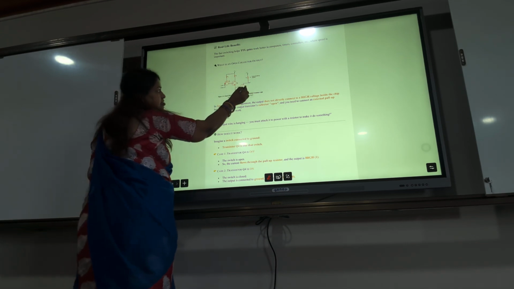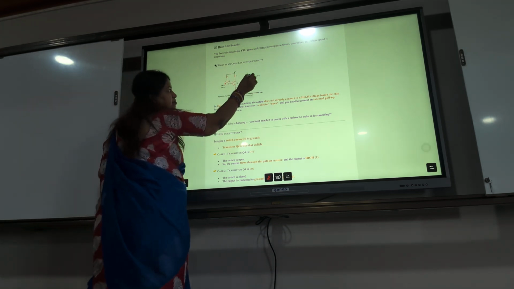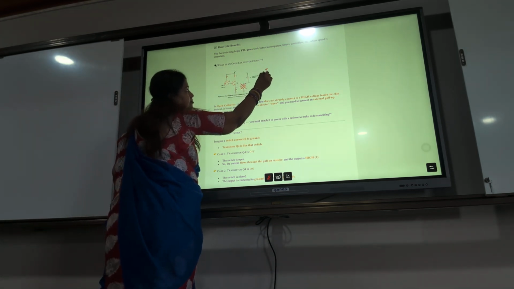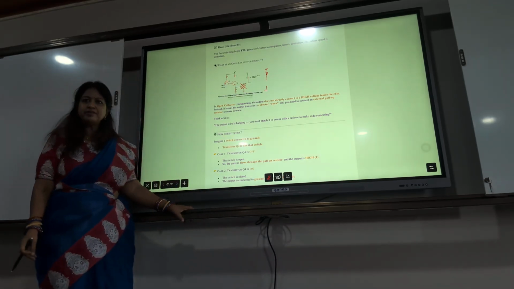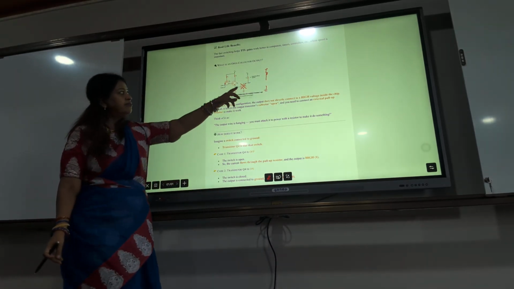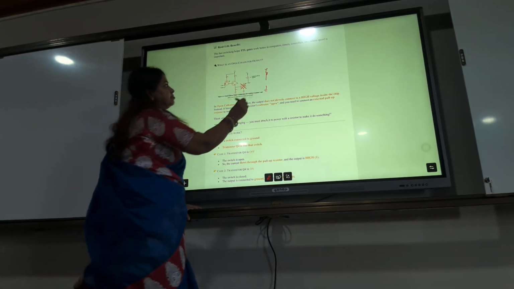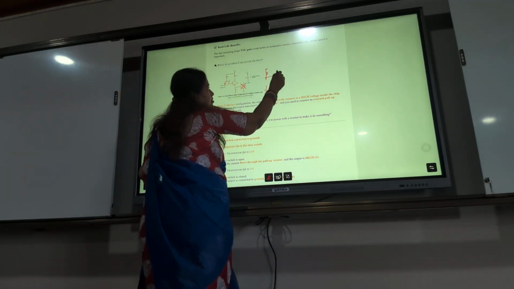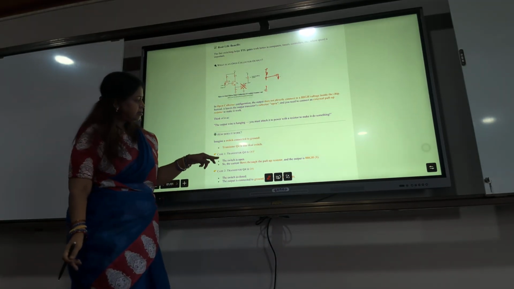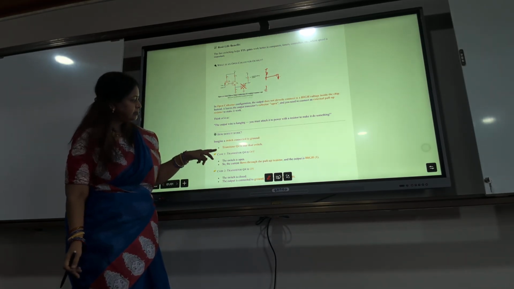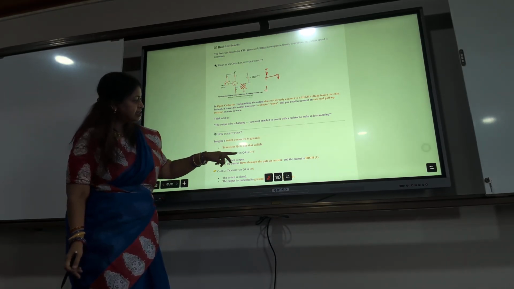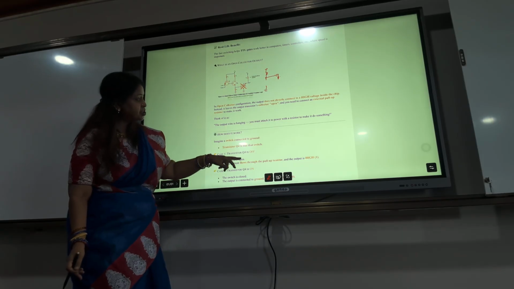So this is not connected. Open, right? When this is not functioning, it's open. So when transistor Q4 is off, the switch is open.